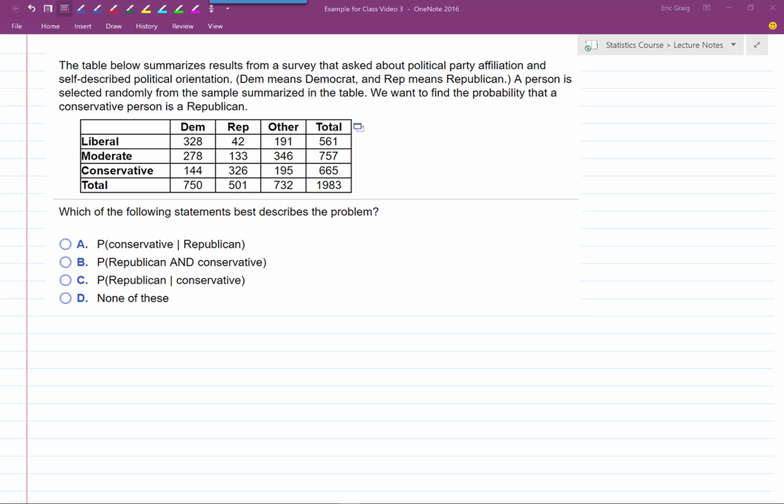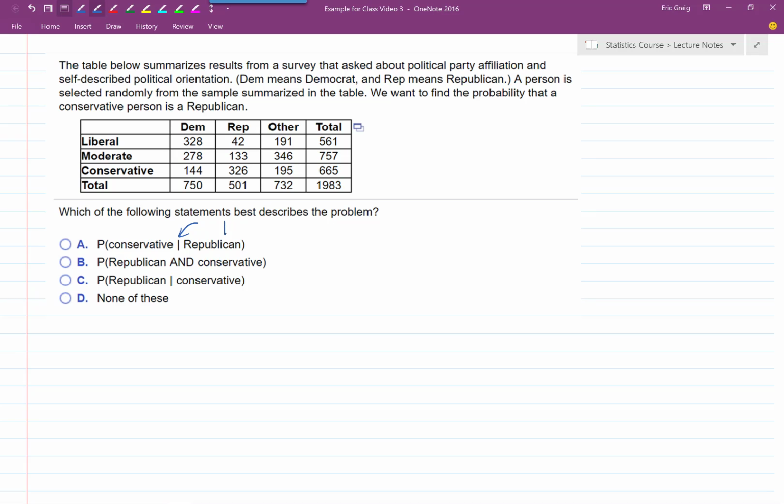So if you remember this notation, this little solid bar means given that. We read this as given that. So we want to find the probability that a conservative person is a Republican. Given that someone is conservative, what's the probability that he or she is a Republican?